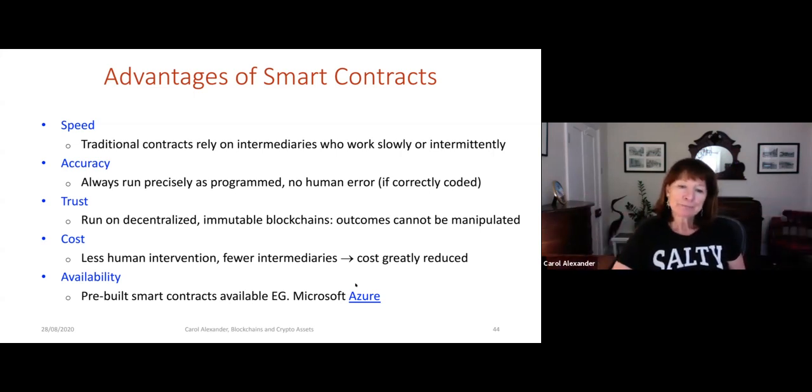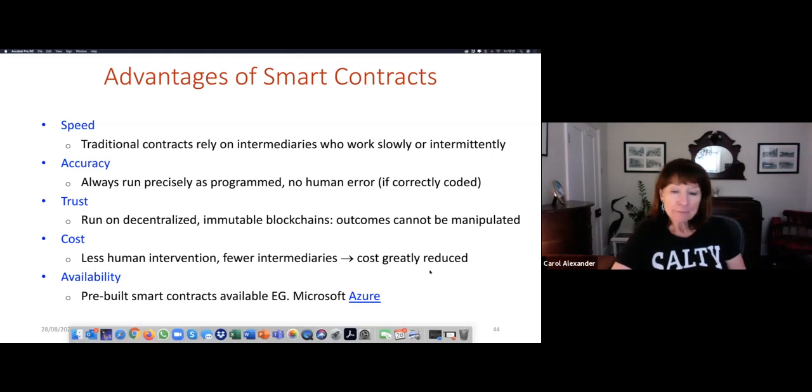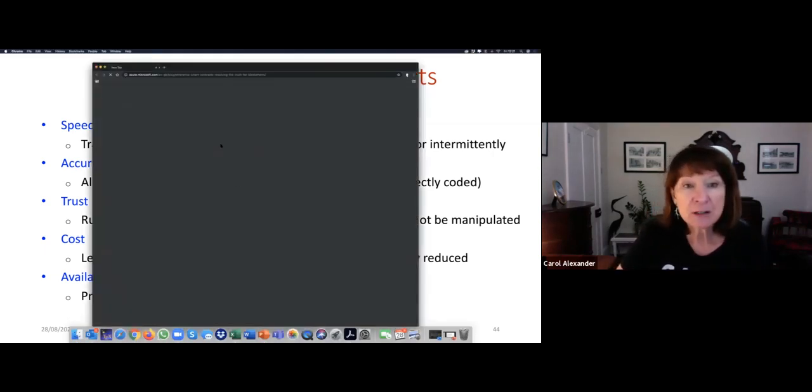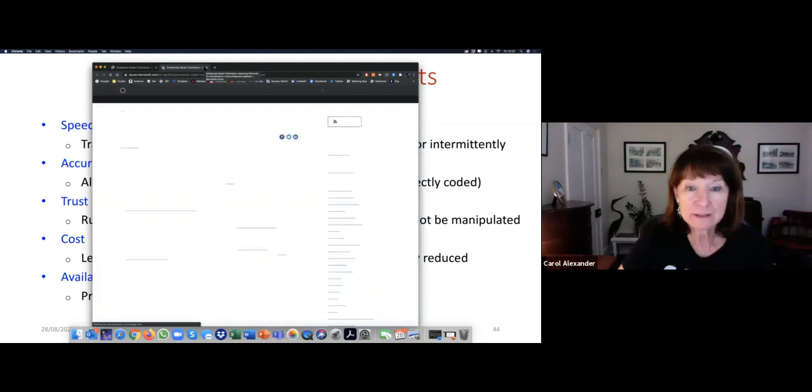So Microsoft Azure is a platform that Microsoft had made for doing smart contracts. A bit slow to fire up, sorry.